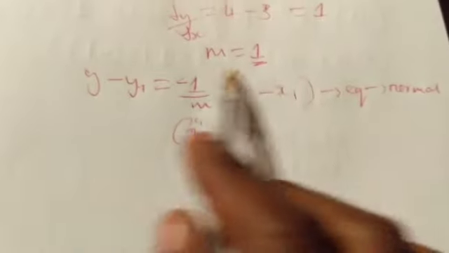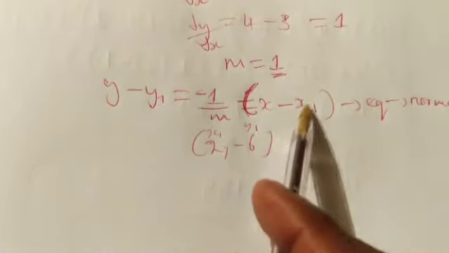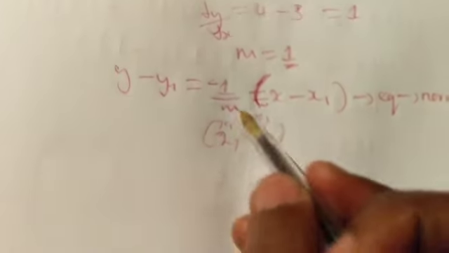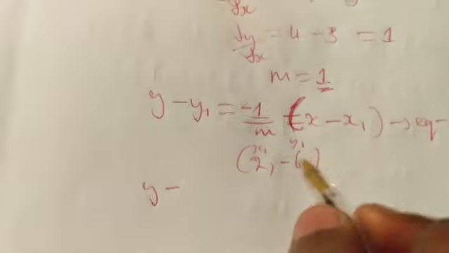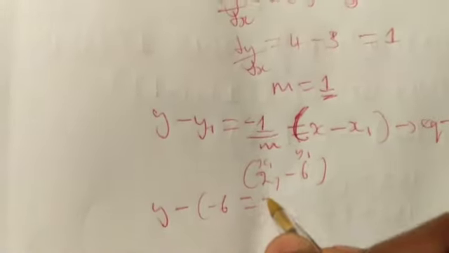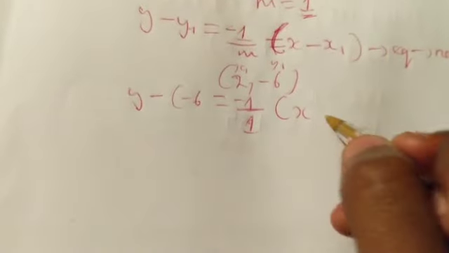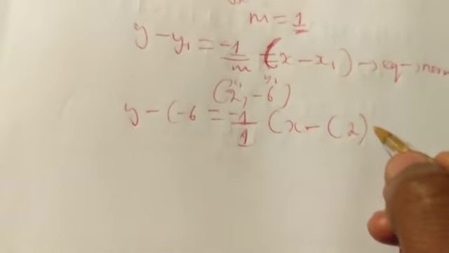On this formula, where there is y1, we put negative 6. Where there is x1, you put 2. Where there is m, we already found it as 1. So we say y minus our y1, which is negative 6, equals negative 1 over our m, which is 1, then open bracket x minus our x1, which is 2.